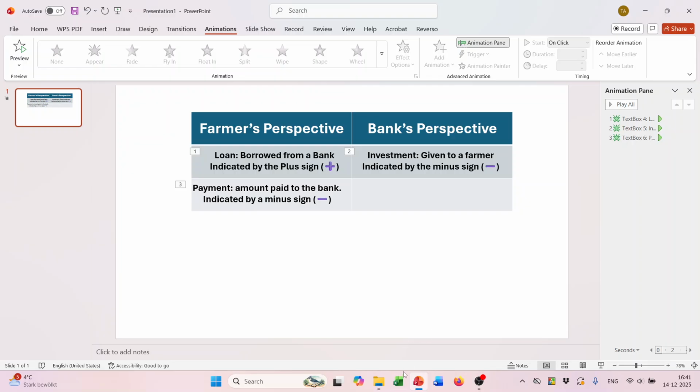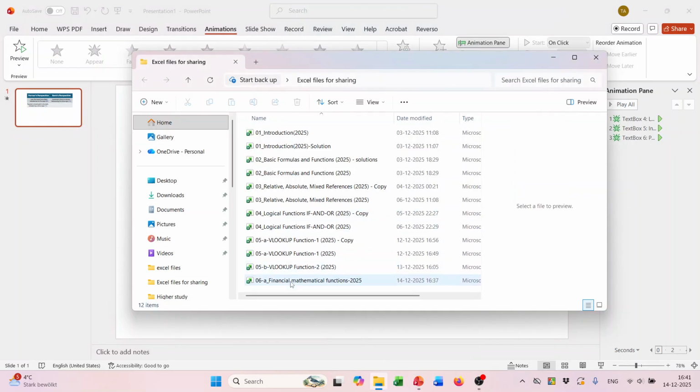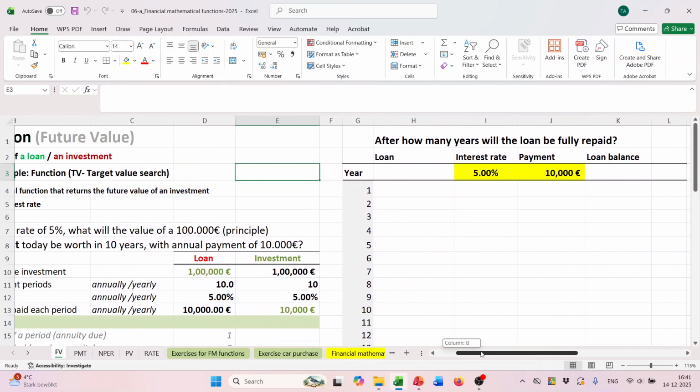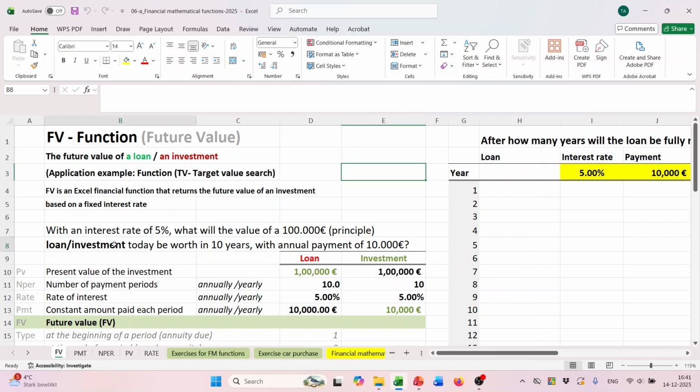Okay, so let's jump to our Excel file. So here is a problem we need to solve. With an interest rate of 5%, what will the value of a 100,000 principal loan or investment today be worth in 10 years with an annual payment of 10,000?